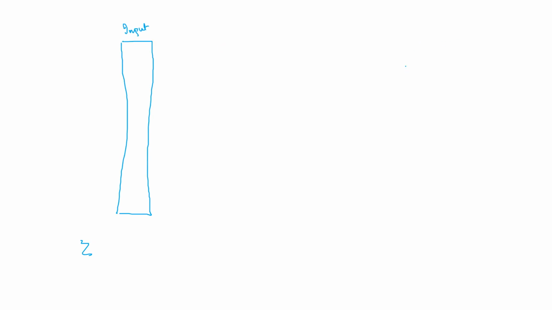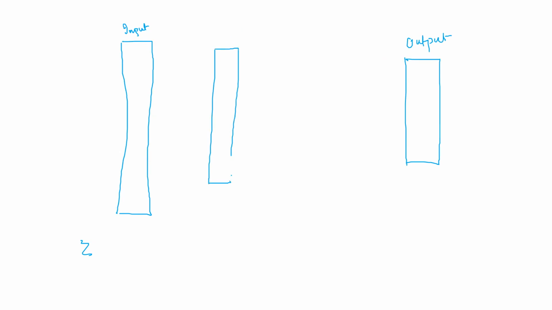This is called the output layer, let's say. And then there are certain hidden layers, which we do not observe how many. So this is, let's say, hidden layer 1, this is hidden layer 2, and so on. So minimum requirement of hidden layer is 1. Maximum can be huge, can be very high.